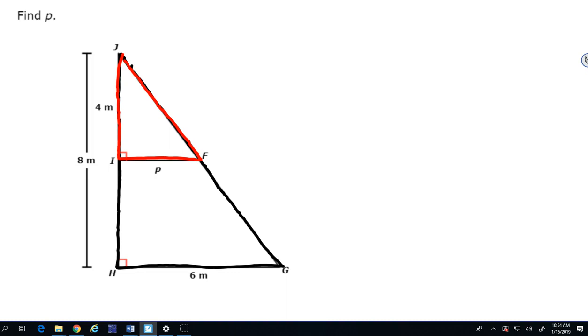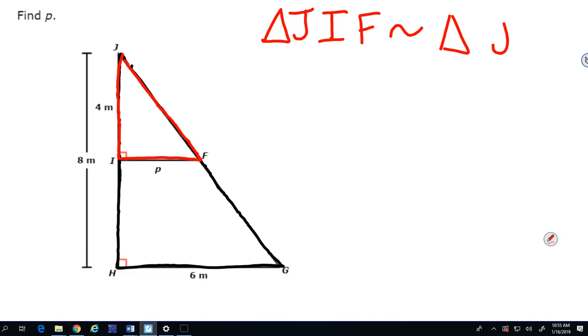And I can tell you right now that they're similar. Okay, so these two triangles are similar. So I'm going to say that triangle JIF is similar to triangle JHG. They're similar triangles. One is inside the other. Can you visualize that, how they're inside one another? No?